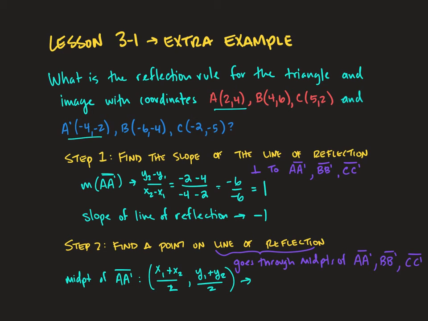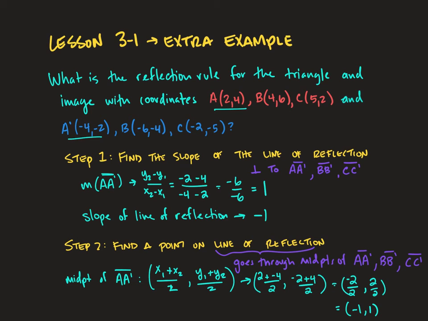So that's going to look like 2 plus negative 4 over 2 and negative 2 plus 4 over 2, which would be negative 2 over 2 comma 2 over 2, which is equal to negative 1, 1. So now this point is on my line of reflection.